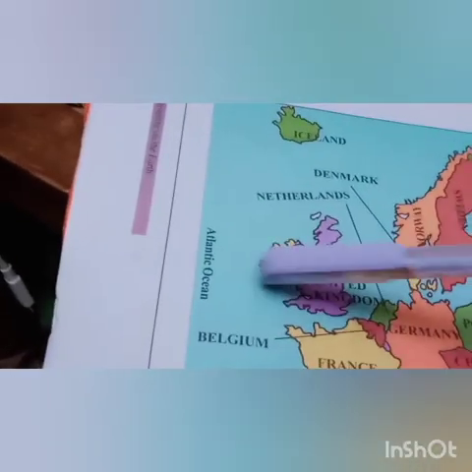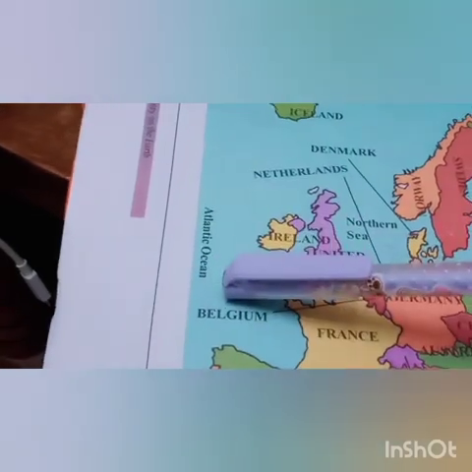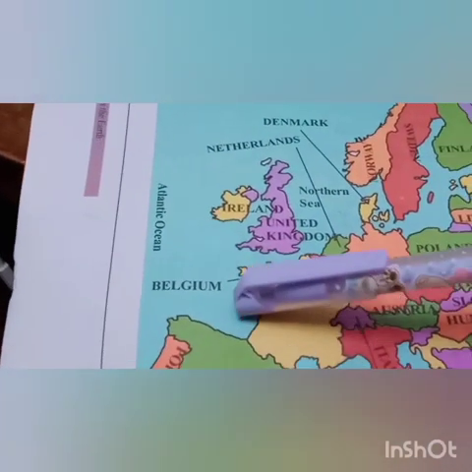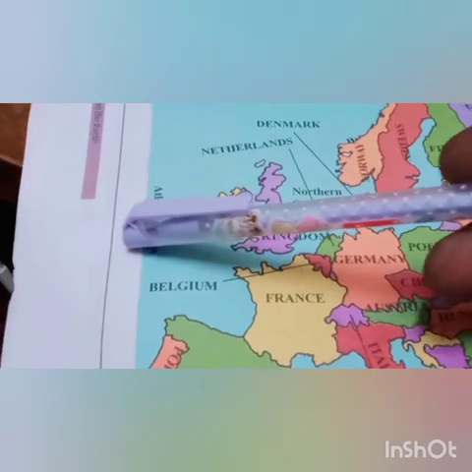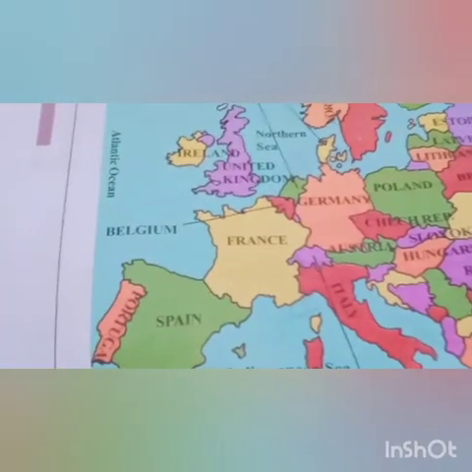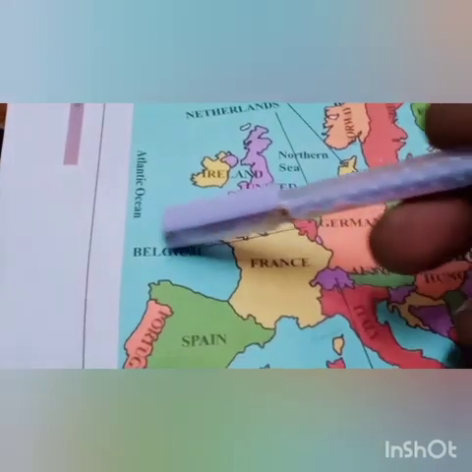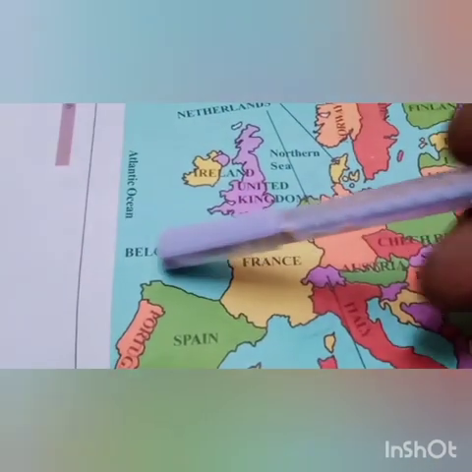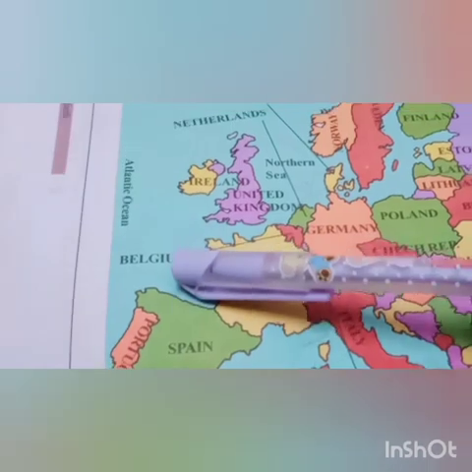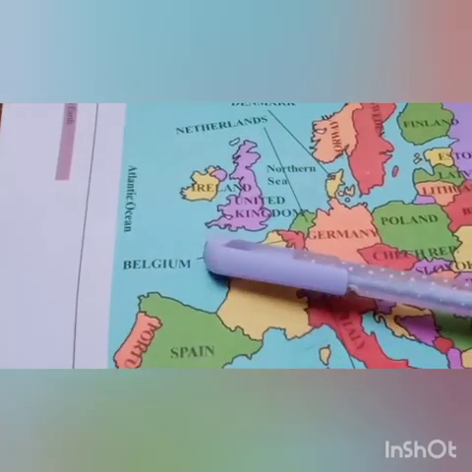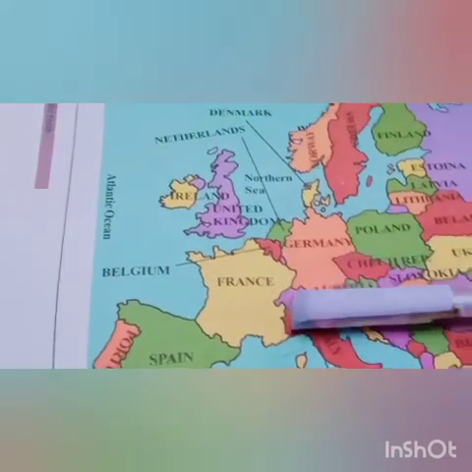And regarding the Atlantic Ocean, from here many people discovered a sea route to America from Europe, and we know very well that it was Christopher Columbus.